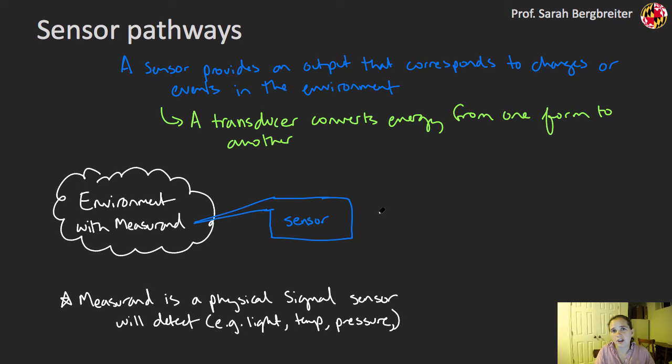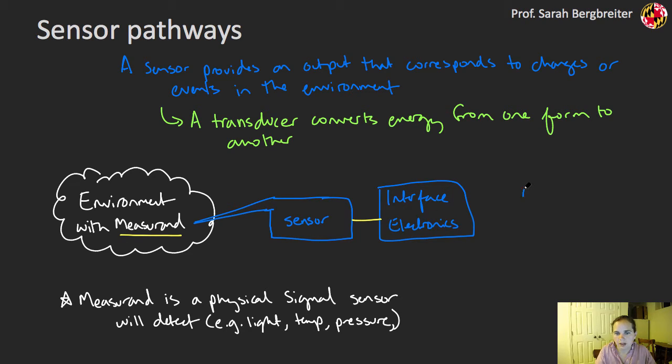All right, but we don't just stop at the sensor, right? Often what we're going to do is connect that sensor to some interface electronics. Those interface electronics might do things like amplify or filter the signal so that we can more easily detect the parts of the signal that we're interested in.